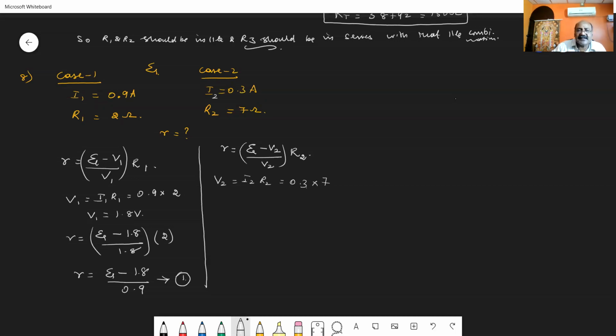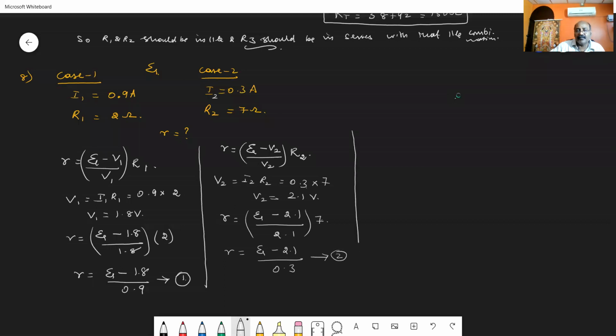So I can get the value of V2 as 2.1 volt. Now, what is this internal resistance r? (EMF minus V2, that is 2.1) divided by 2.1 multiplied with R2. R2 is 7. So r equals (EMF E minus 2.1) divided by, simplify, you can get 0.3. Take this as equation number 2.